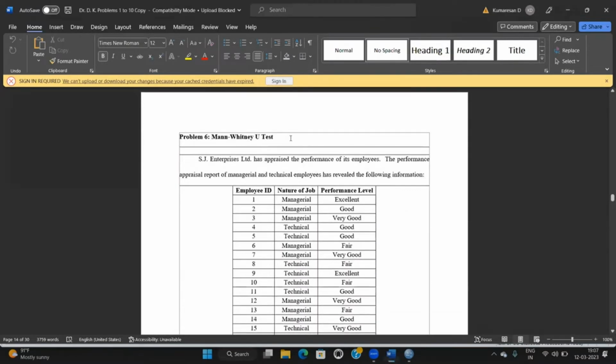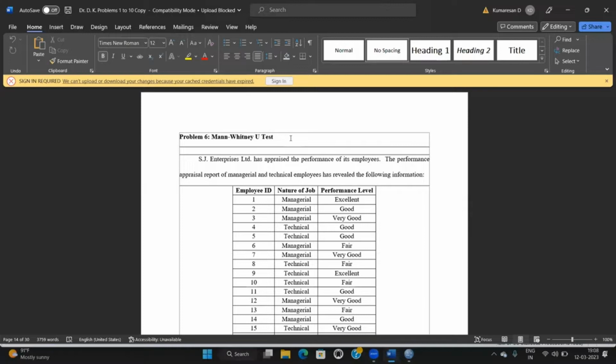See, there is a similarity and a difference between two tests. In the case of parametric tests, t-test and ANOVA were there. In t-test, one sample t-test, independent samples t-test, and paired samples t-test.